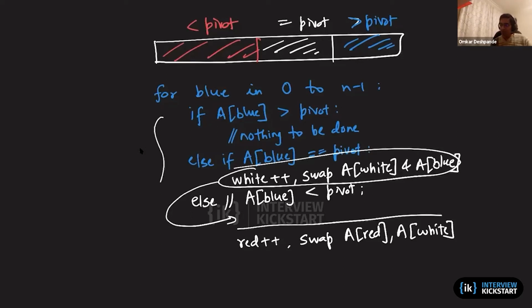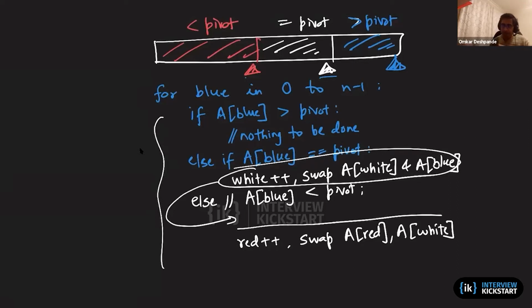This would make the red pointer come here, the white pointer come here, and the i pointer is obviously at the end. How many copies of the pivot are there? White minus red. There has to be at least one copy because when you picked the random pivot index, you looked at that value, so you know it has to be one, but there could potentially be many.